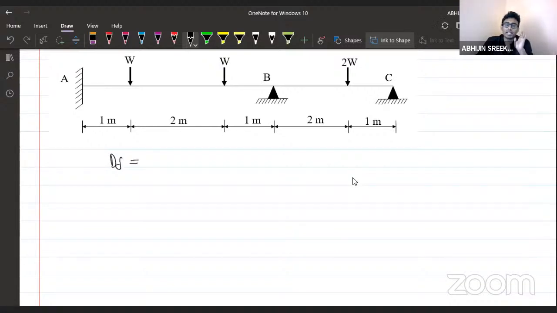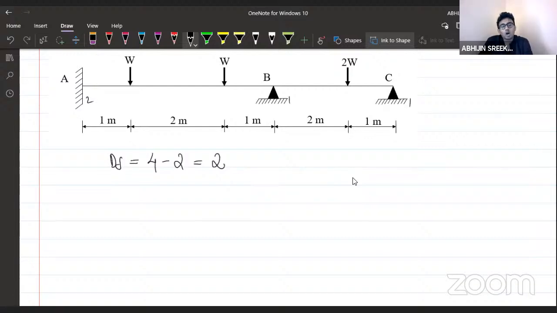Here it is vertical loading, R minus S. Remove the horizontal reactions. Total number of reactions: 2 here, 1 here, 1 here. Total number of reactions will be equal to 4. Equilibrium equations will be equal to 2. That is 4 minus 2 will be equal to 2. Yes, exactly. This is the DS value. That is the degree of static indeterminacy.